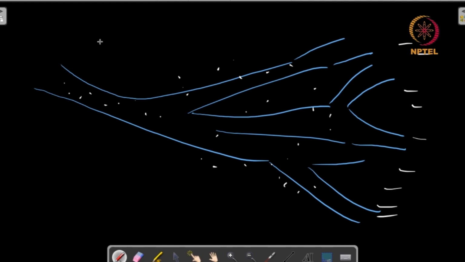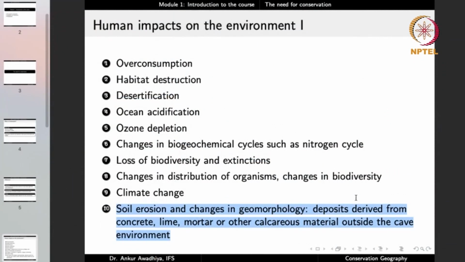When more sediments come into this area, that changes the geomorphology, because the delta will spread. On the other hand, we are also constructing dams in certain locations. If you construct a dam, all of this silt will get accumulated there, and less silt will reach the deltas, which would mean that the deltas would start to shrink. So we are observing changes in the geomorphology of the planet.